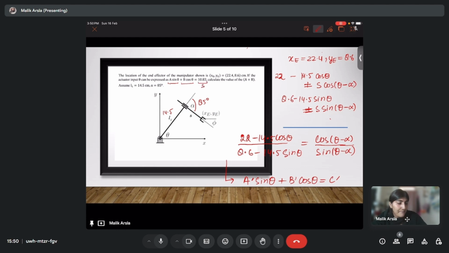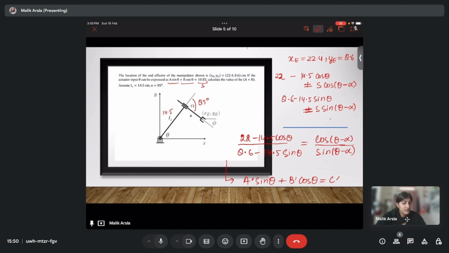Yes, ma'am. It is coming S is equal to 22.4 sine theta minus 8.5 cos theta. Okay, so you are getting the value of a as 22.4, right? Yes, ma'am, 22.48 and b as 8.532.